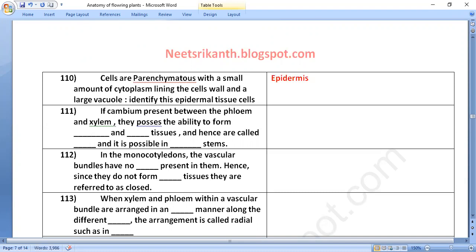Cells are parenchymatous with a small amount of cytoplasm lining the cell wall and a large vacuole. Identify these epidermal cells: epidermis.